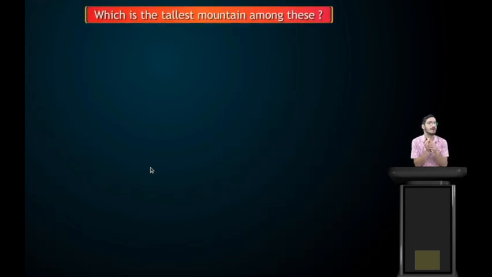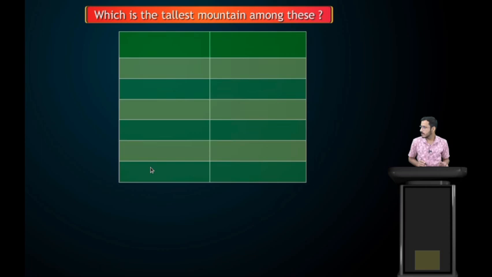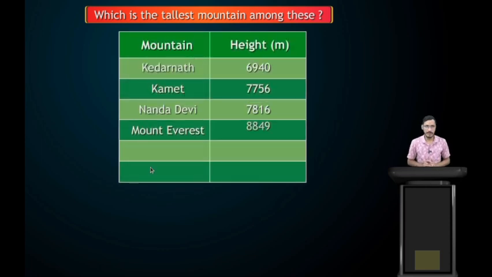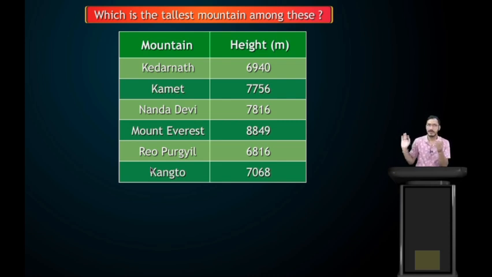So which is the tallest mountain among these? Here are some mountain names, you can see the picture. Mountain names: Kedarnath, Kamet, Nanda Devi, Mount Everest, Rio Purgil, or Kangto. You can see the height of mountains in front of them.